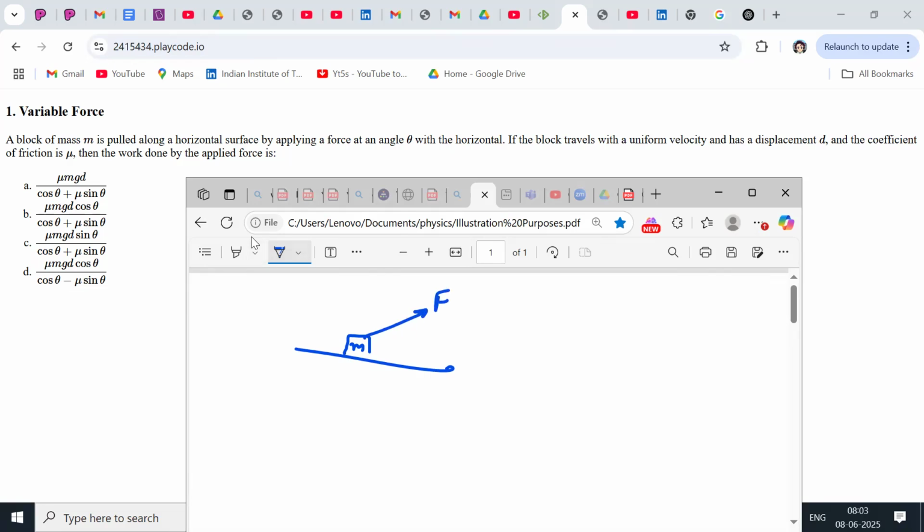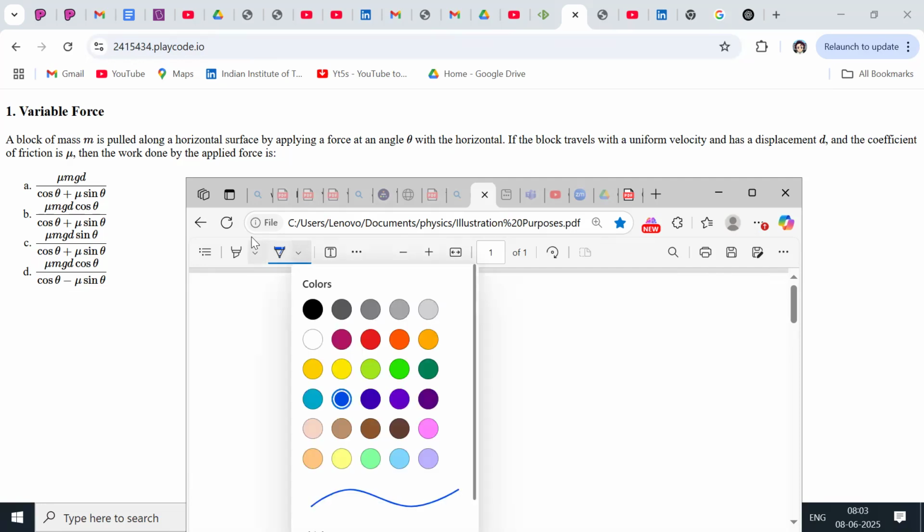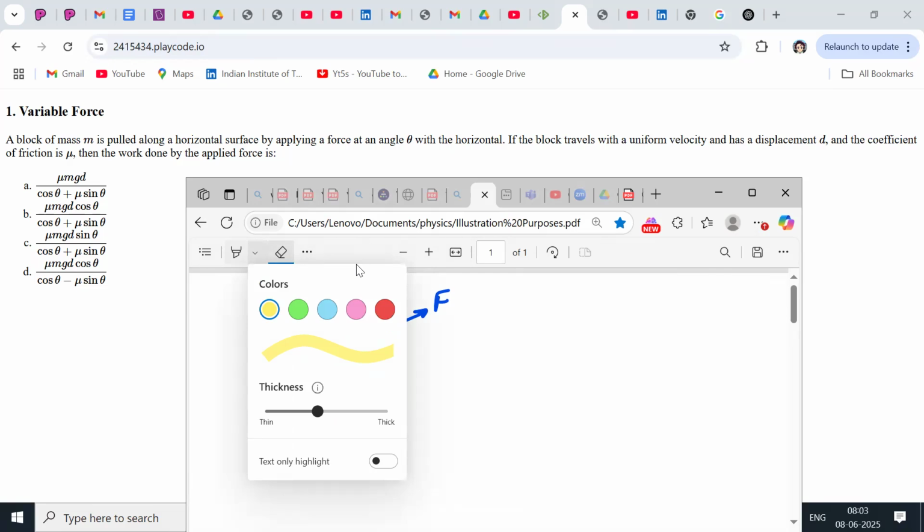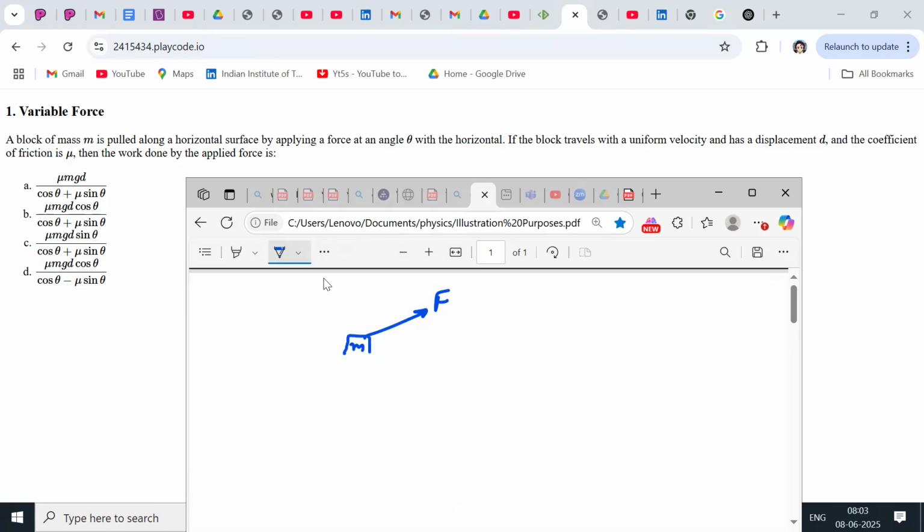All right, maybe we can draw this horizontal a little better. So this angle with the horizontal is theta. And it says the block travels with uniform velocity and has a displacement of d. And the coefficient of friction is mu.